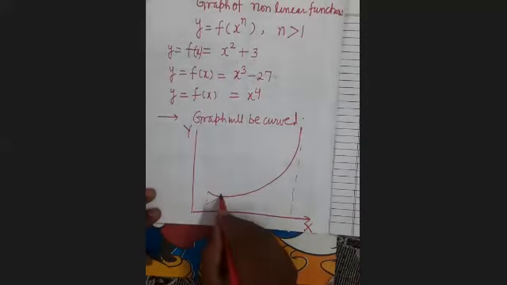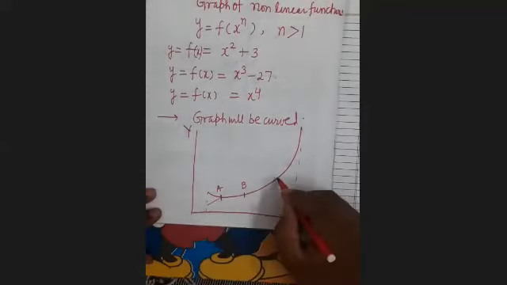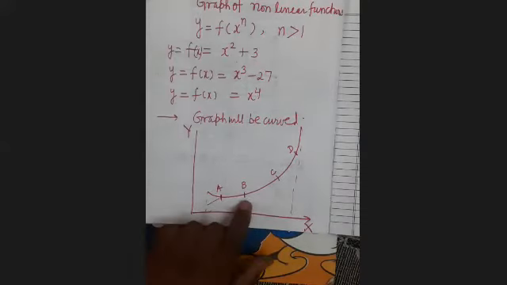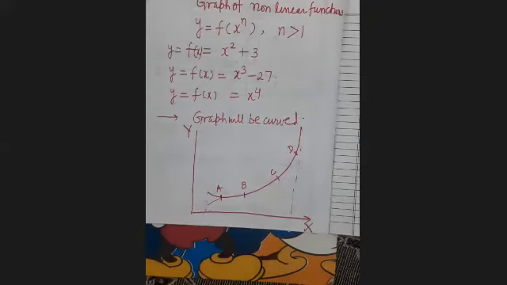Now where is the slope more, in this region AB or in this region CD? CD, it is more. In AB the slope is less. Here the slope is less, here the slope is more.